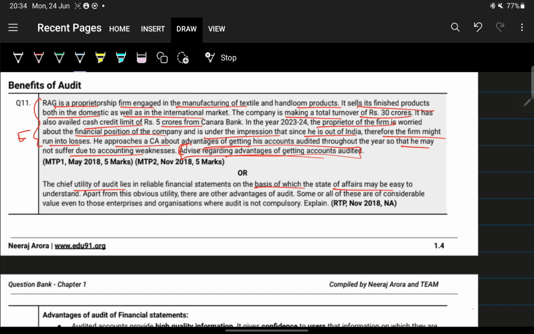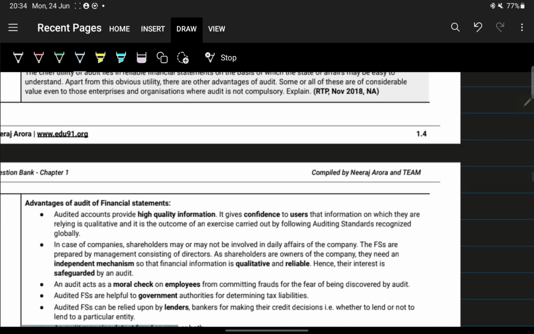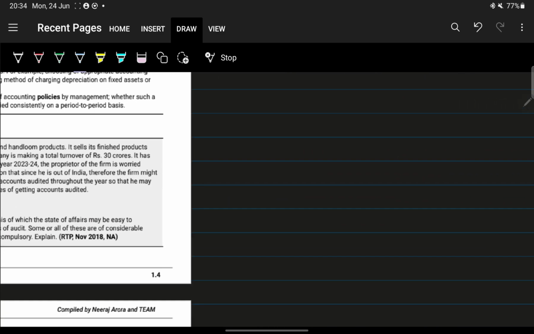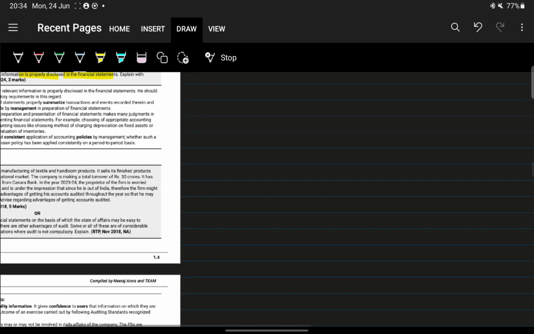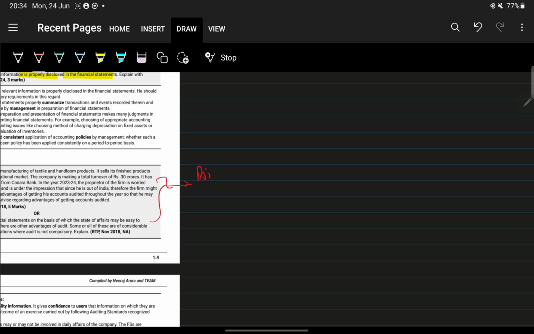Apart from this obvious utility, there are other advantages. This is also very direct. Both of these are very direct questions. No problem. That's it, only two kinds of questions. So when it comes to advantages of audit, it is a very direct question.